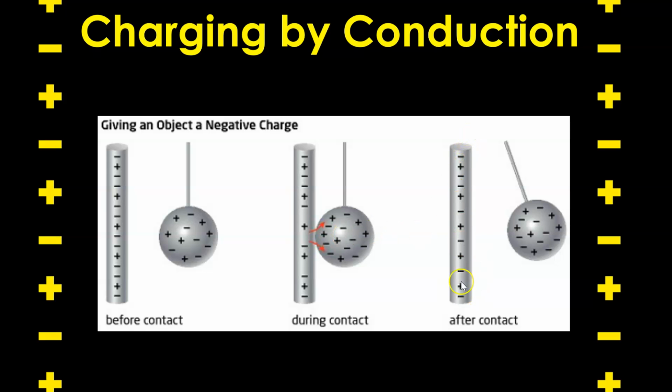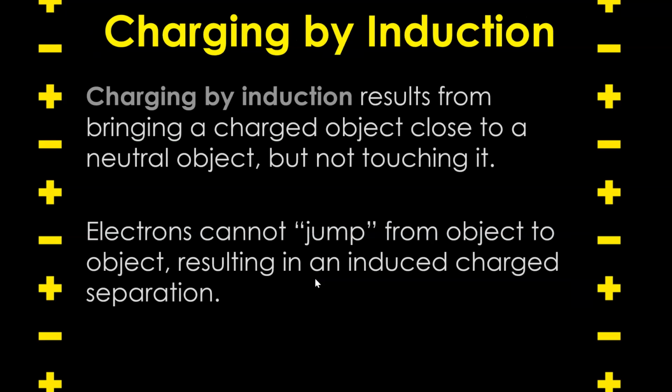So this is still negatively charged over here because not all of the electrons are gone. Some of them left and went into the pith ball, but the pith ball now is more negatively charged. And then you have this separation. You have this repulsion where the pith ball will move away from that negatively charged rod, and that's called charging by conduction, as a result of the contact made and the transfer of electrons.